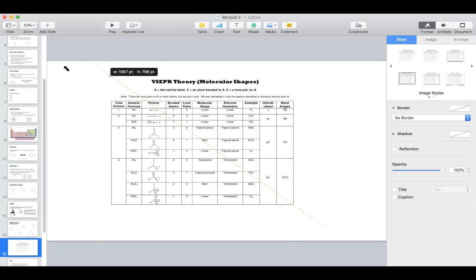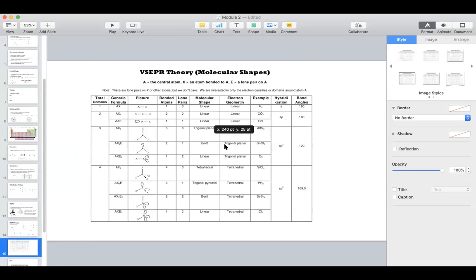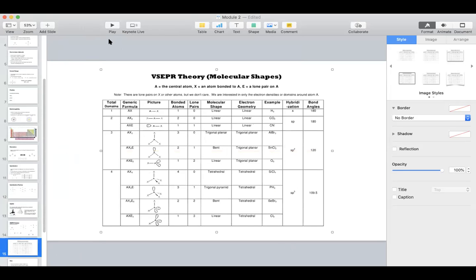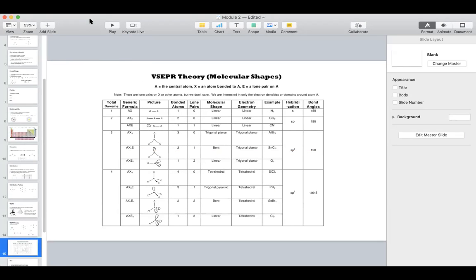So this is what the chart looks like for anybody who doesn't have the workbook yet. Using this chart, what would you say our H2O looks like? On the right here we see total domains. That means how many electron densities there are surrounding it. So if we look back at water, how many electron domains do we have?